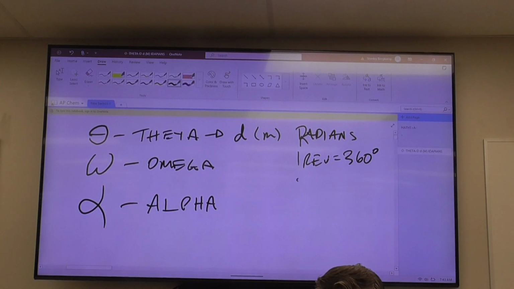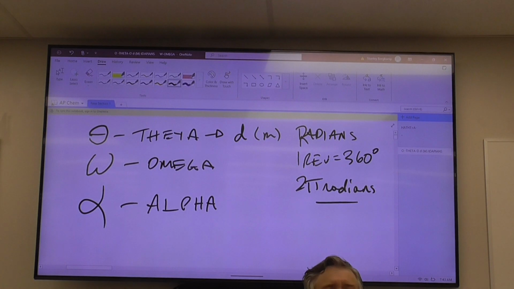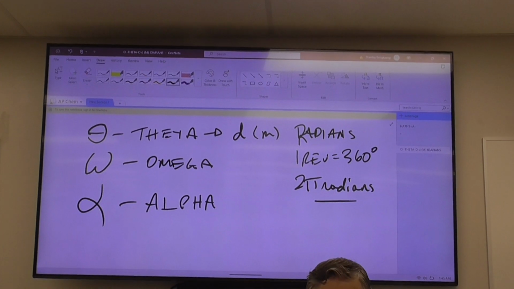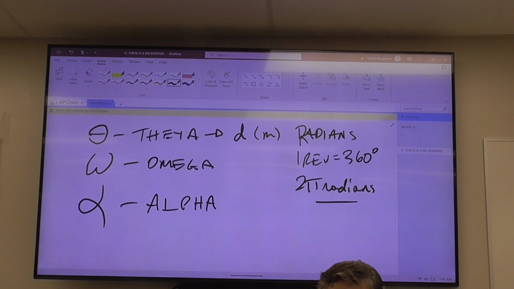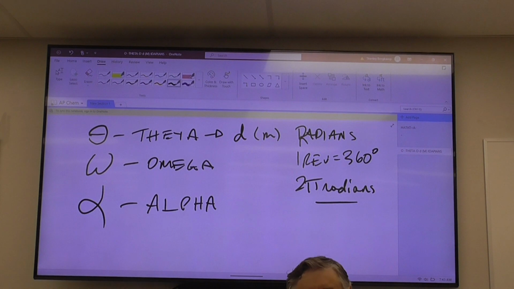Now, here's the other thing about radians, is that it's one of the very few instances where you have what's called a dimensionless number. So you're not going to say 2 pi radian meters or 2 pi radians meters per second. It's just 2 pi radians. There's nothing associated with it. That's it, 2 pi radians.